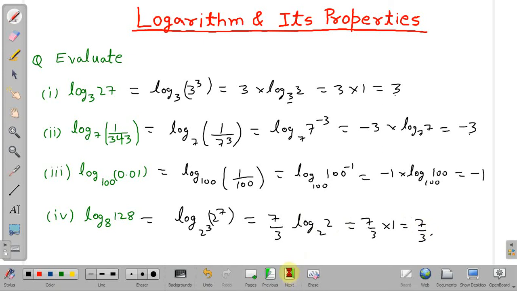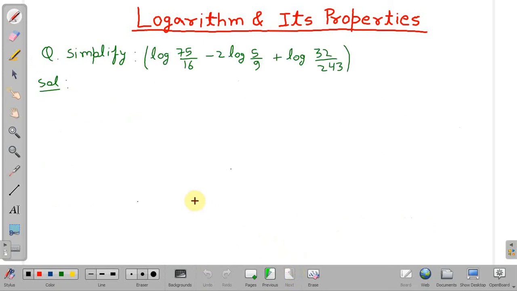We will discuss one more problem. Here we have to simplify the given expression using log properties. The given expression is log 75 by 16 minus twice log 5 by 9 plus log 32 by 243.